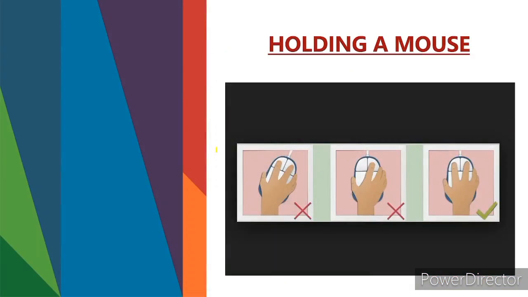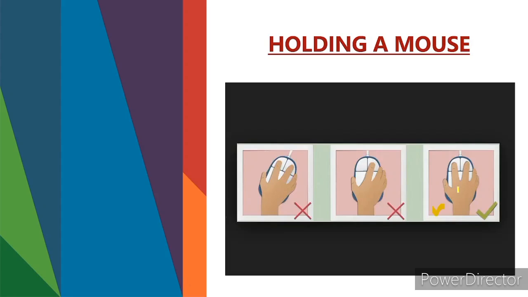So how to hold this mouse? Look at here, children. This is the third one. This is the correct way of holding a mouse. Our thumb and the last 2 fingers should hold the mouse and the palm should rest on the palm rest place, and the index finger should hold the left button and the middle finger should hold the right mouse button.